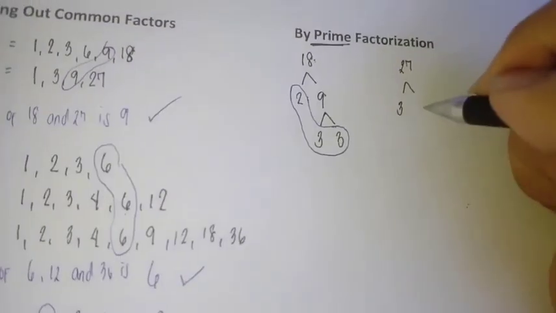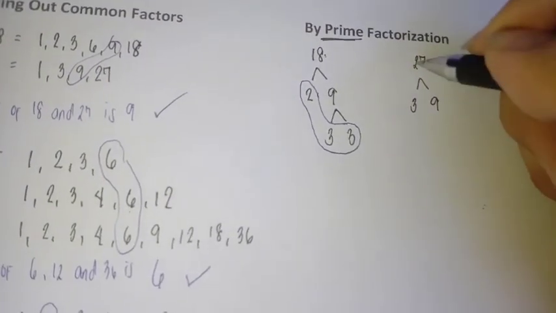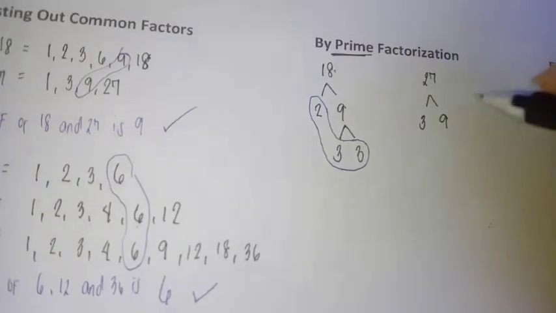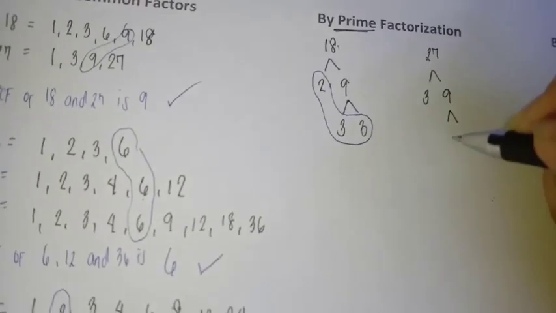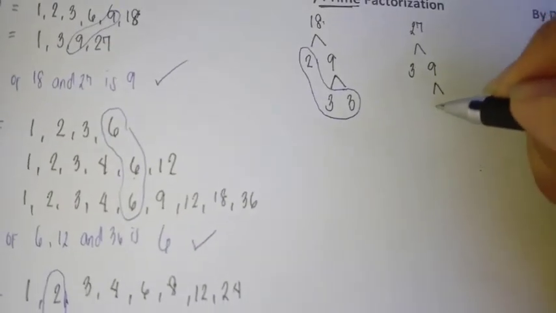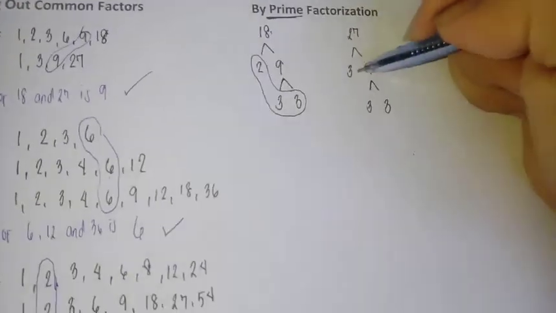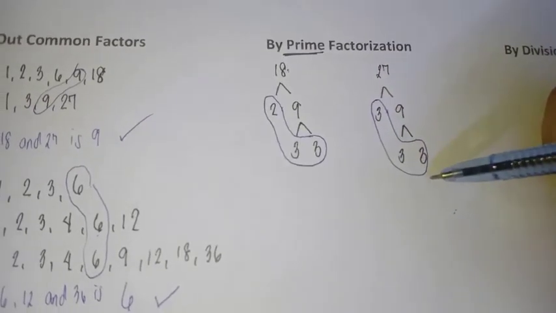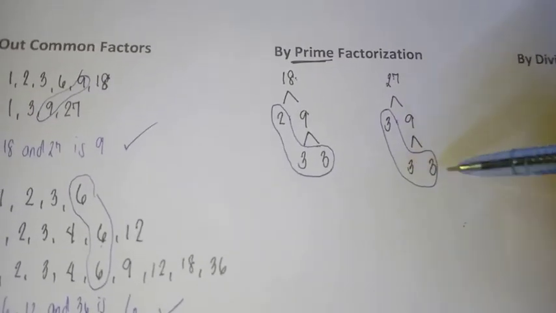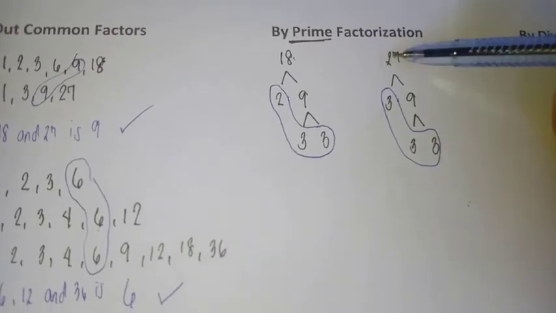And the other factor is 9, since 3 times 9 is 27. 9 is not a prime factor, so we will factor this further. And the factors of 9 are 3 and 3. Therefore, 27 has prime factors of 3, 3, and 3, since 3 times 3 times 3 is equal to 27.